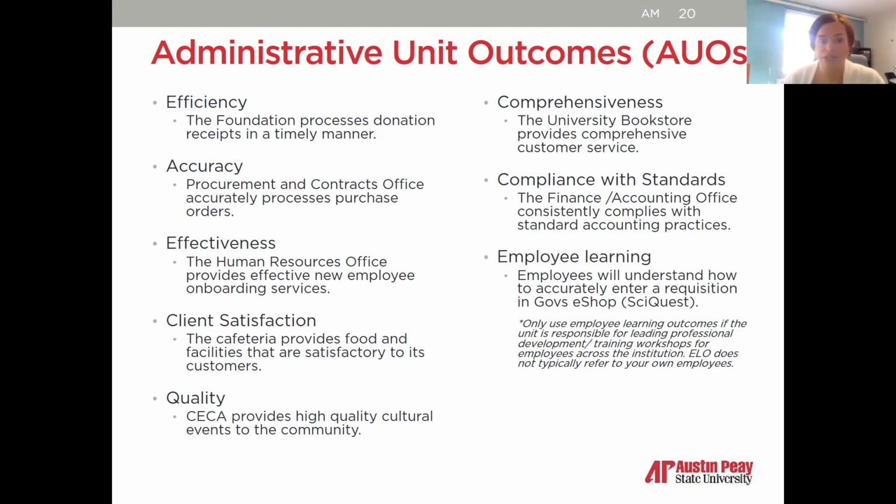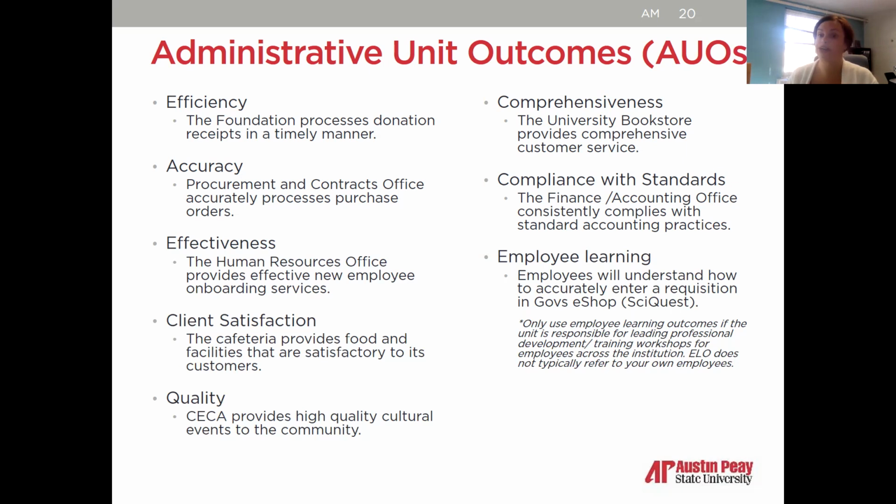So accuracy, for example, these are not Austin Peay offices, these are completely made up, but procurement and contracts. So they might have an AUO for accuracy that says procurement and contracts accurately processes purchase orders. So the key of that is that they, for the measure, then decide what they mean by accurate.